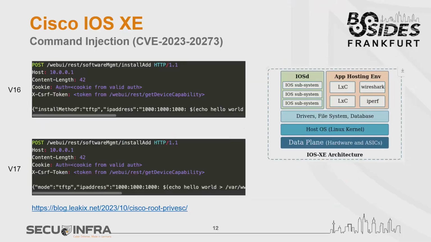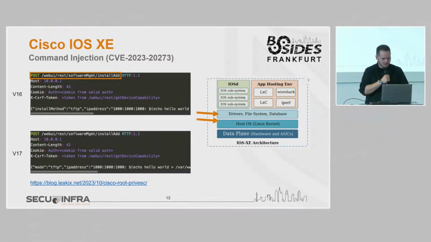And from there, if you have access to the unauthenticated API, you can again abuse a different API path, which is called software management install add, which via exploitation grants you access to the lower operating system components.